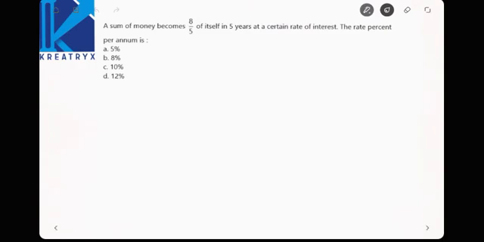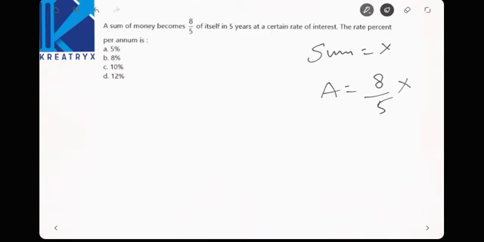Okay, next: a sum of money becomes 8 by 5 of itself in 5 years at a certain rate of interest. The rate percent per annum is? Now let us consider the sum as X. Then what will this sum become? The amount will be 8 by 5 X, 8 by 5 of itself.